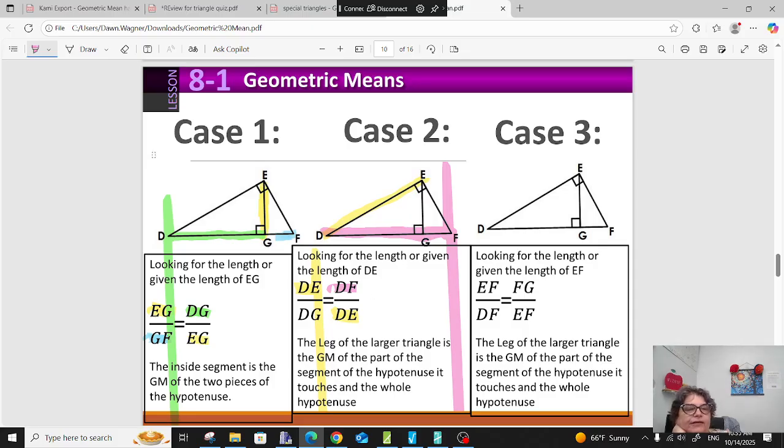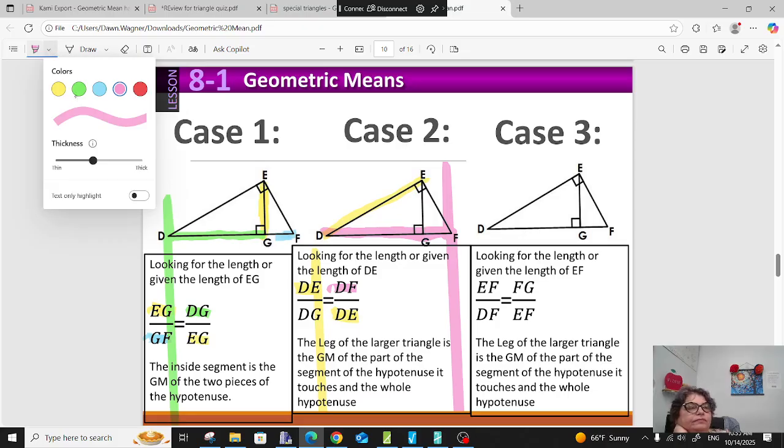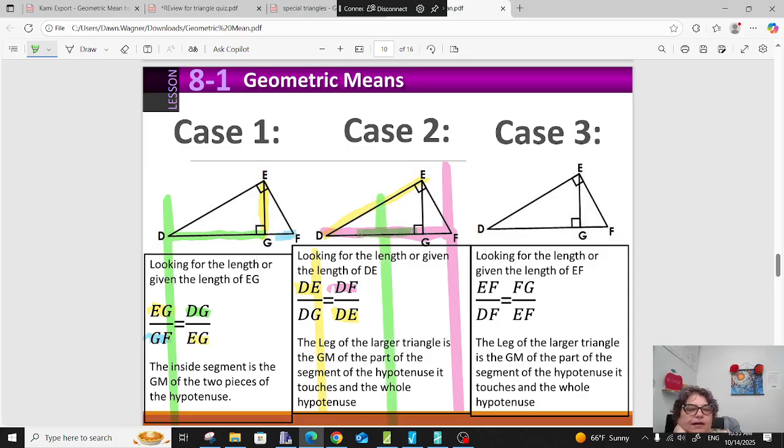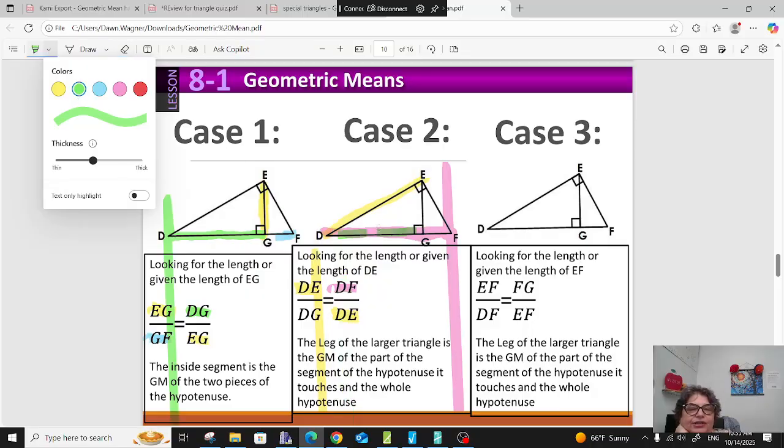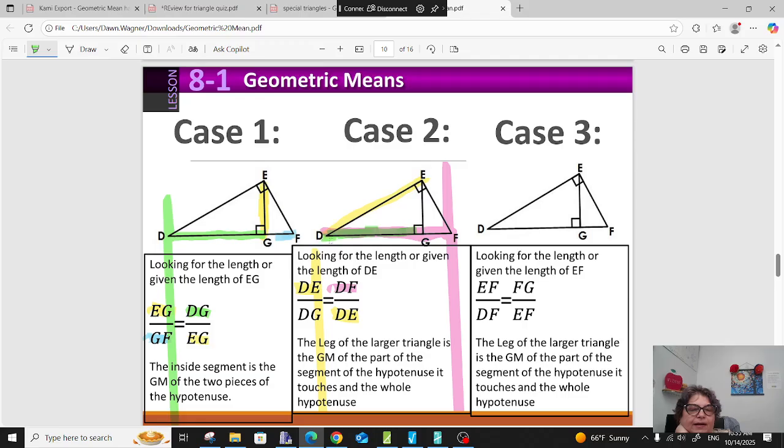What's DG? DG is part of the hypotenuse. I don't know why it keeps doing that. Quit doing that on me. I'm trying to help my students, and you're not cooperating. Okay, so DG would be part of the hypotenuse that it touches.